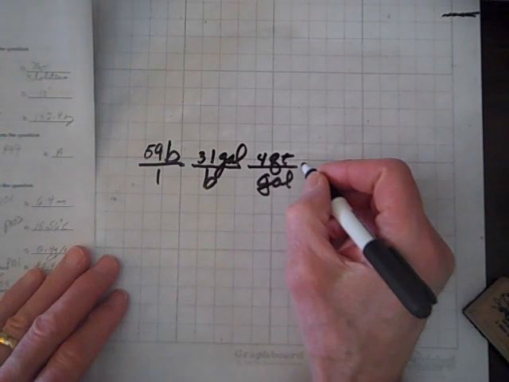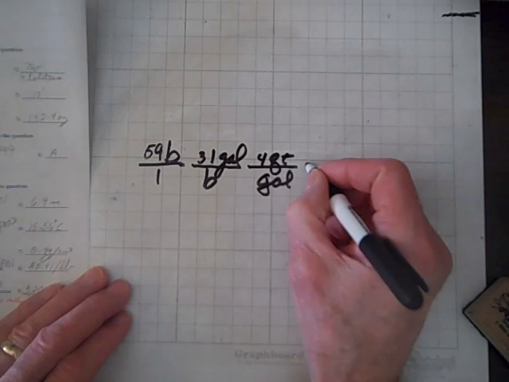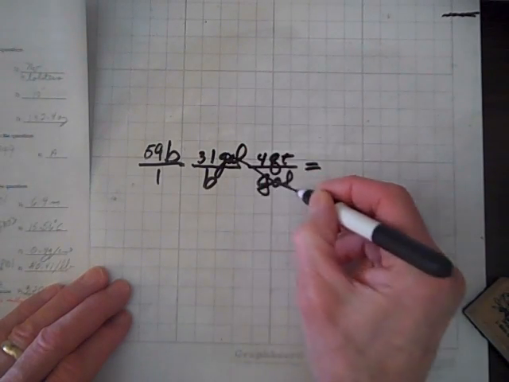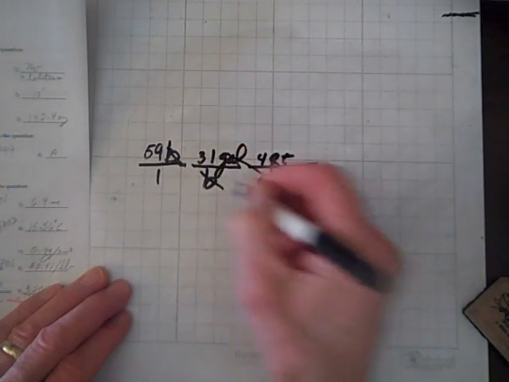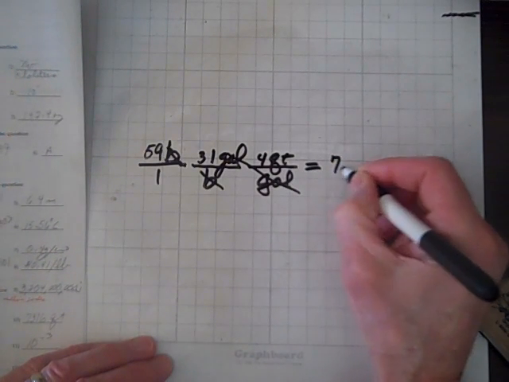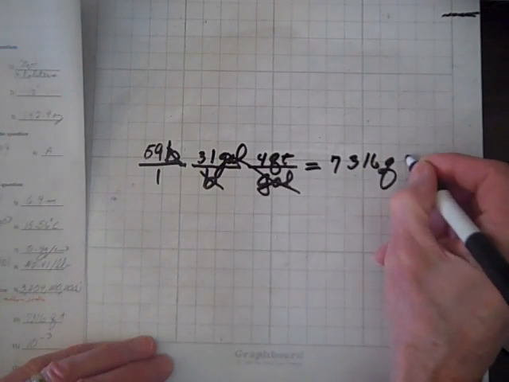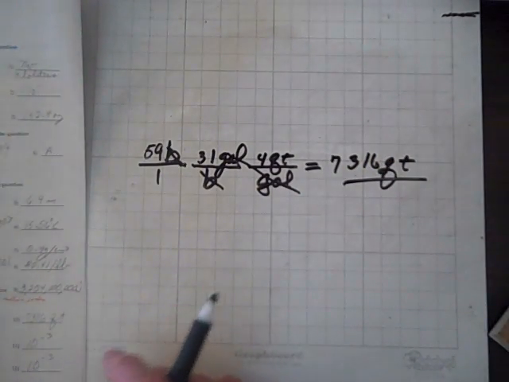And I think we just have to convert to quarts, right? Yeah. So we're ready to go. The gallons divide out, the barrels divide out, and the product of all of this is 7,316 quarts. Good, got it.